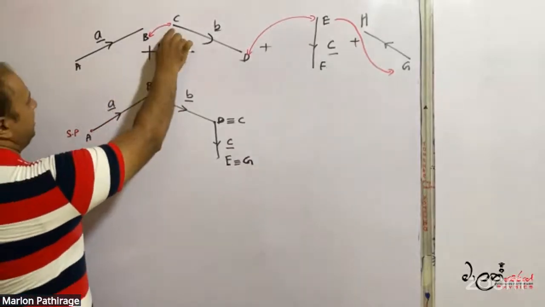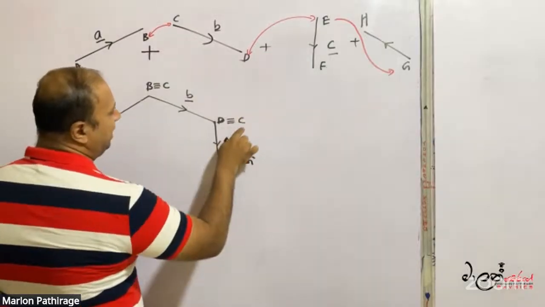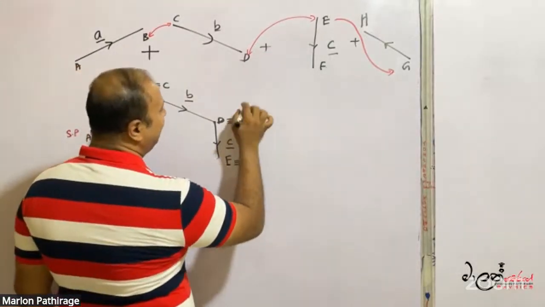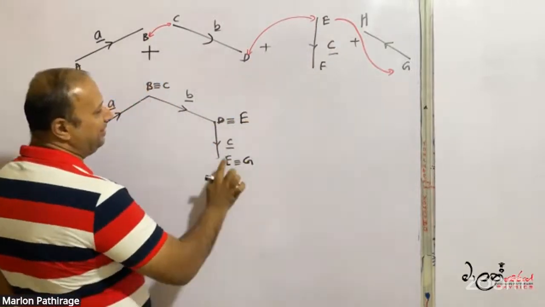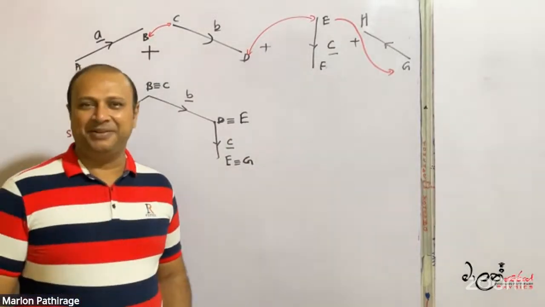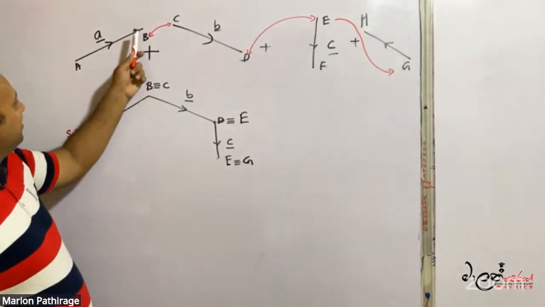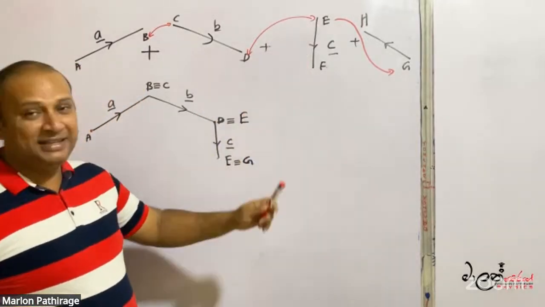First, B and C overlap. Then D and E overlap. Then E and G overlap.